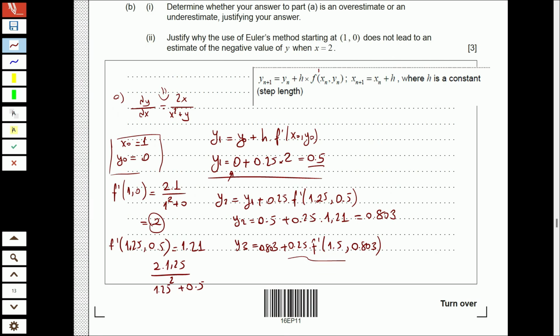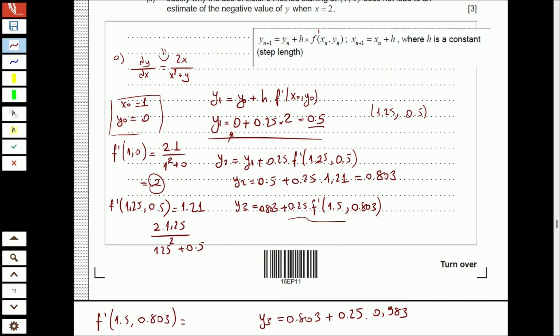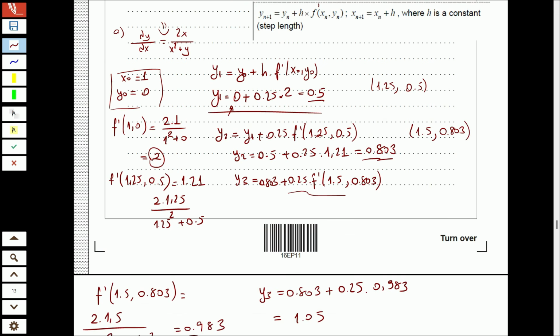Actually, we found the values because when x is 1.25, the y value is 0.5, and when x is 1.5, the y value we found for y sub 2 is 0.803.